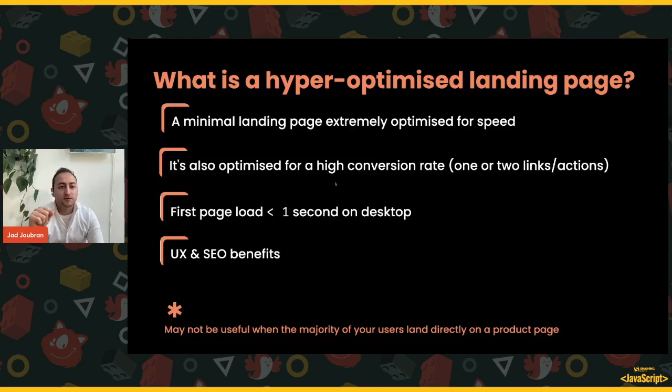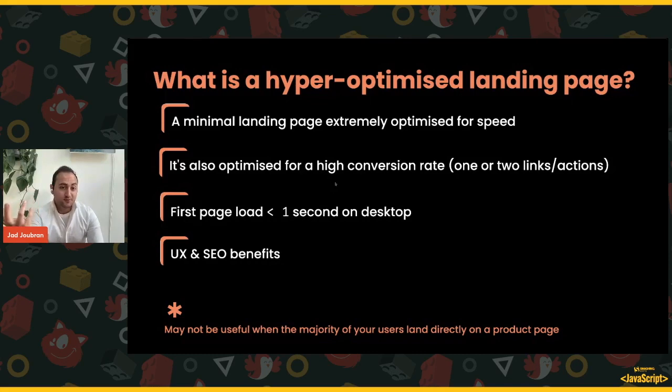And by hyper-optimizing it, we can really get the first page load to be faster than 1 second on desktop. Depending on your use case, you can even get it to load in as fast as 400 milliseconds on desktop and around 1.3 seconds on mobile.